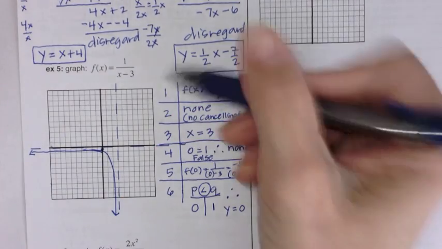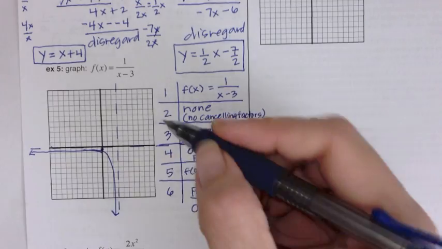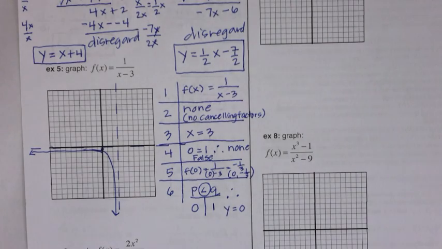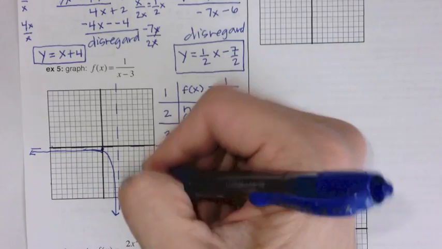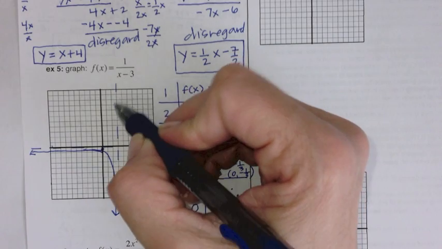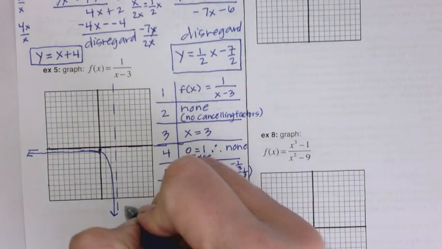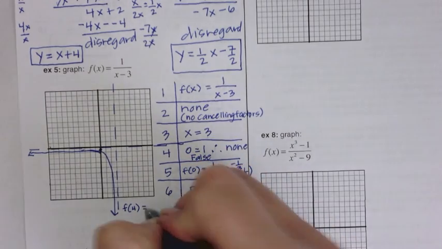That's awesome, but I don't have a point to the right of this vertical asymptote, so I'm going to pick any x value in this interval. I can pick 4, 5, 6. I obviously don't want to pick 3, because that's the asymptote. I could pick 3.1. I'm just going to pick f of 4 because I like integer numbers and I think it's going to be easier.